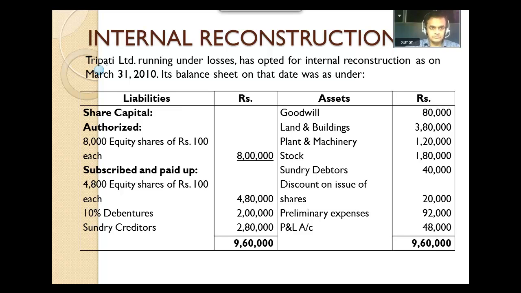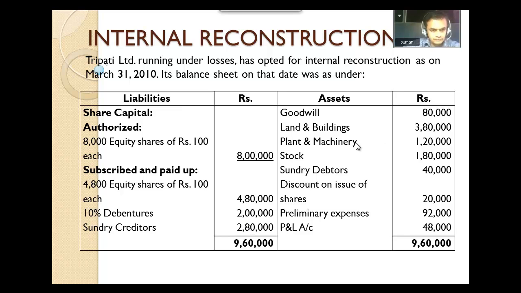They have the liabilities of authorized capital of 8,000 equity shares of 100 each, and subscribed capital of 4,800 equity shares of 100 each, which gives 4,80,000, and they have 10% debentures of 2 lakhs, sundry creditors of 2,80,000.